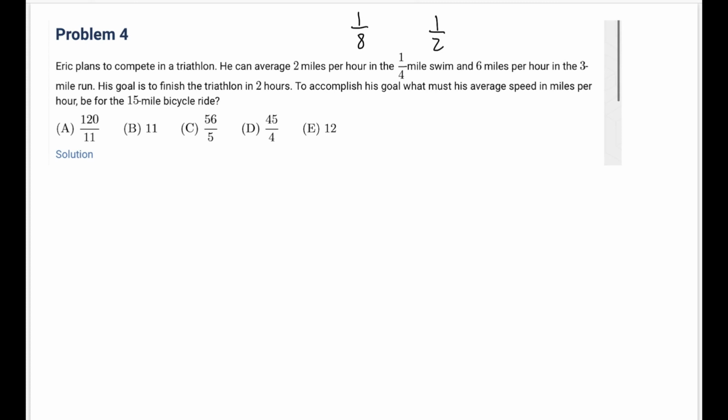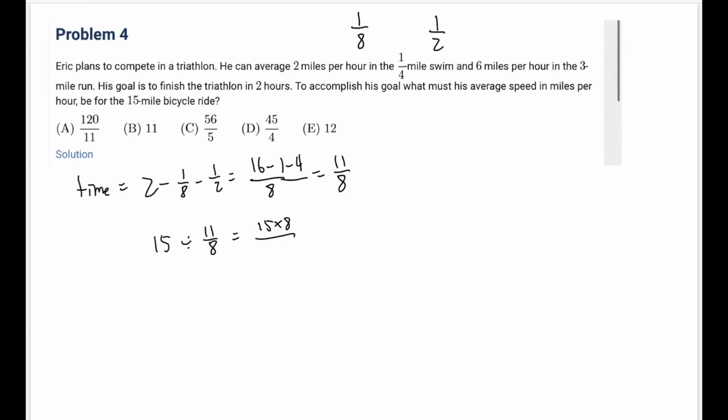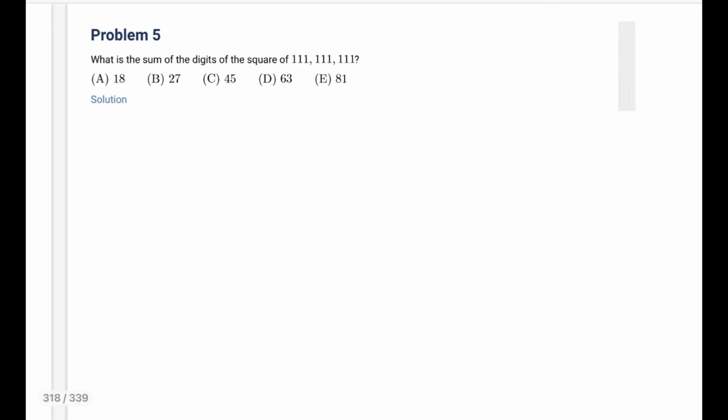So time left equals 2 minus 1/8 minus 1/2. This is all over 8. This is 16 minus 1 minus 4. So this is 11/8. And so the bicycle ride is 15 miles, right? So it's 15 divided by 11/8, which equals 15 times 8 over 11. The answer is 120/11, so it's A.